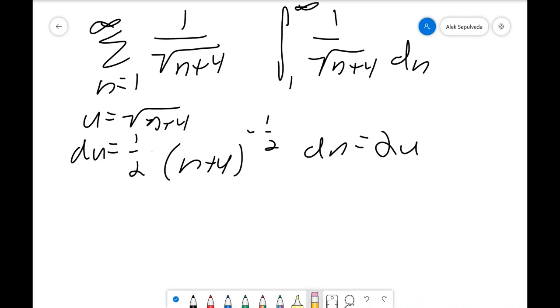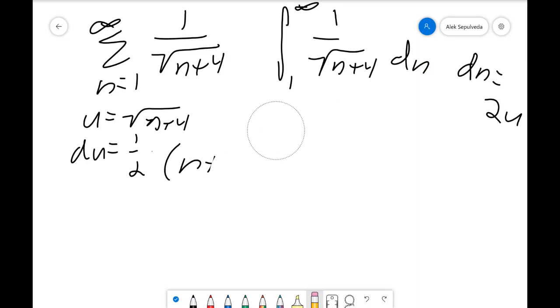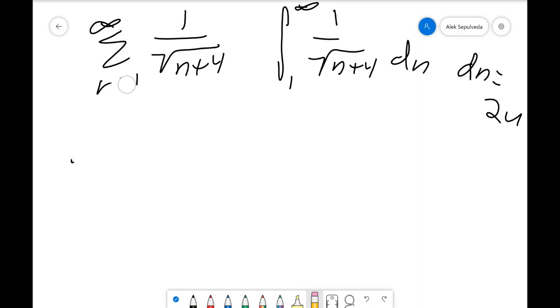Leave that up here, dn equals 2u. Over here, u equals the square root of n plus 4, and dn equals 2u is this one over here.